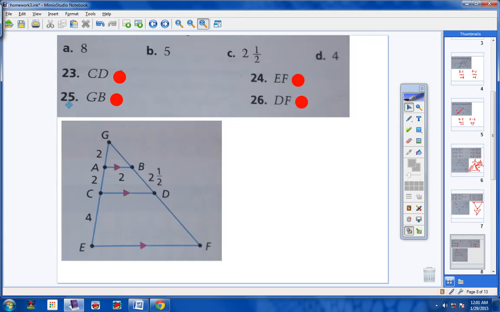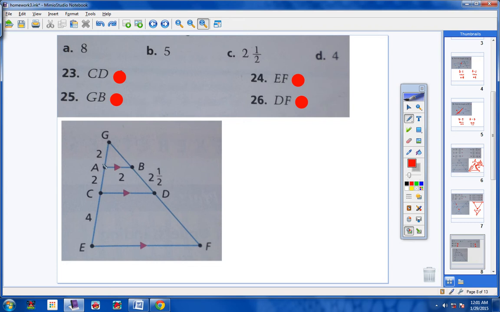The directions say to use the figure at the right to match the segment with its length. Now please listen carefully. Notice, students, that this side here has a length of 2, and this has a length of 2.